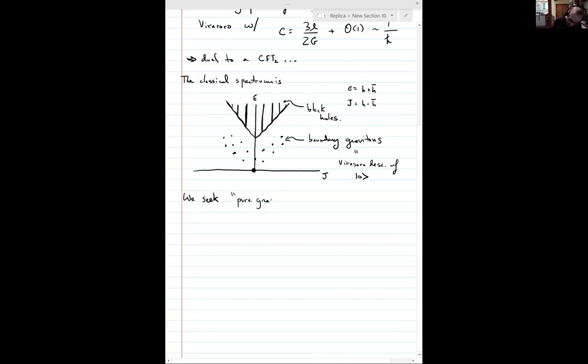So a theory that includes only metric degrees of freedom, which would be some sort of two-dimensional CFT, which is as sparse as possible. In particular, if you were to look at a typical two-dimensional conformal field theory, then it would have a spectrum that looks nothing like the classical spectrum that I've drawn here.